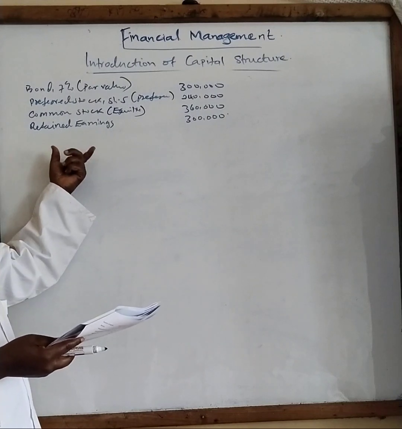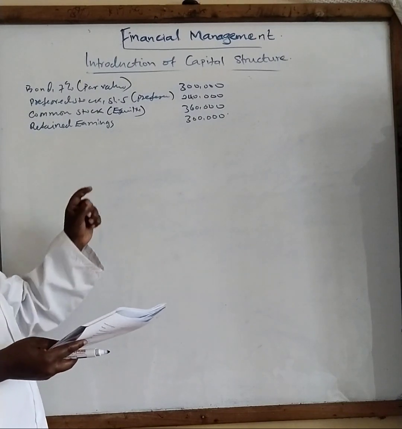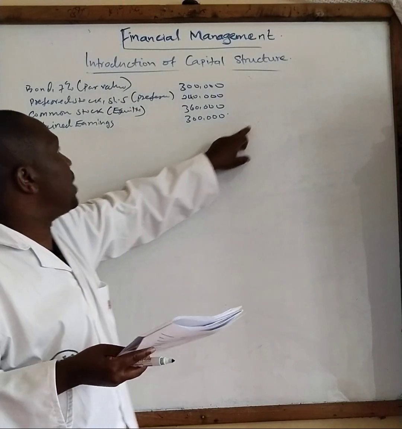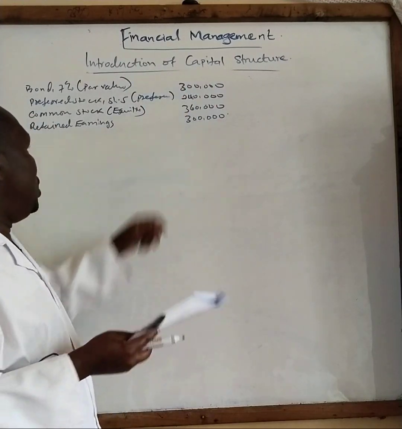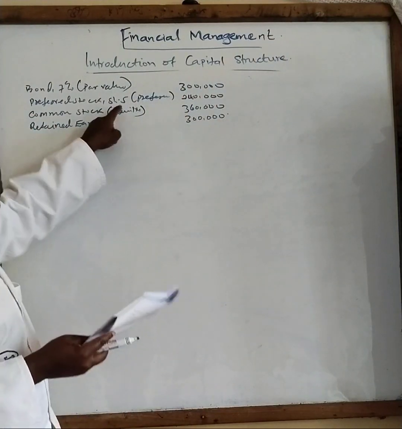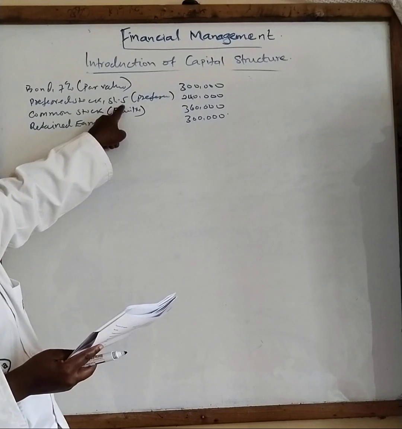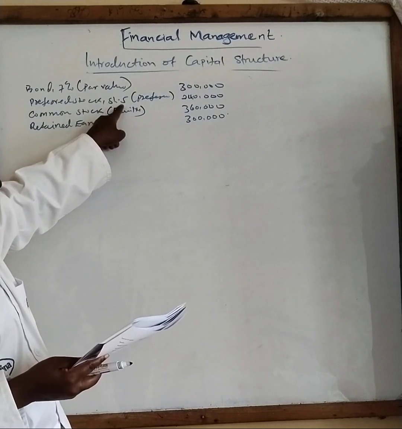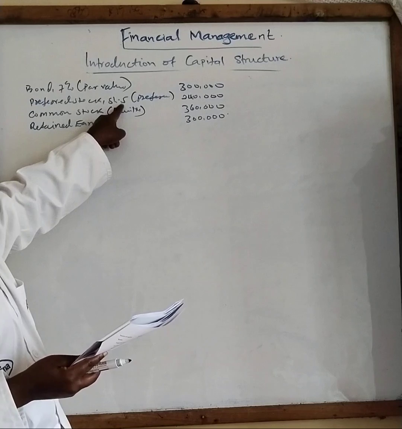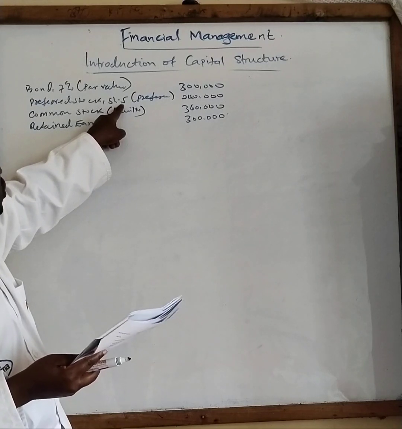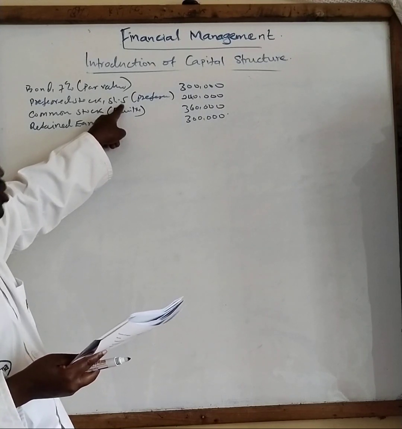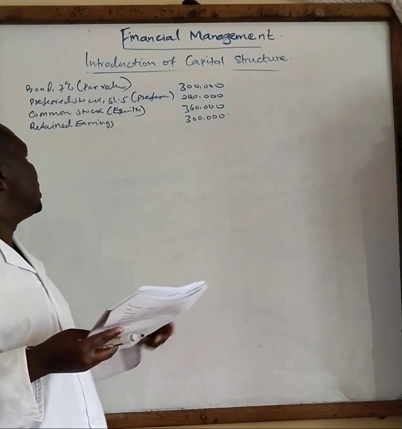So this capital structure is very important. So let's see. This is now the book value. When you see something like this, it is the book value. Now, you have been given 5 shillings here to inform you that 5 shillings per preference share. One preference share is equal to 5 shillings. What about 250,000?